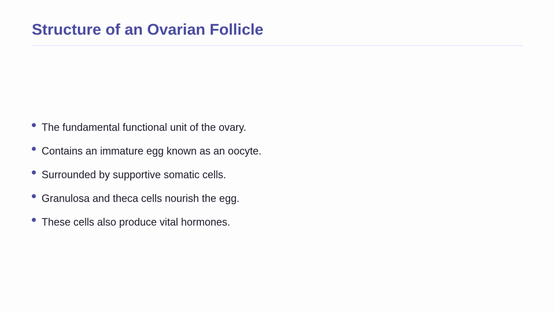Their job is incredibly important because they nourish the developing egg and produce essential hormones. Without these surrounding cells, the oocyte could never survive or mature. This entire structure develops from a tiny, dormant primordial state into a large, fully mature pre-ovulatory follicle.